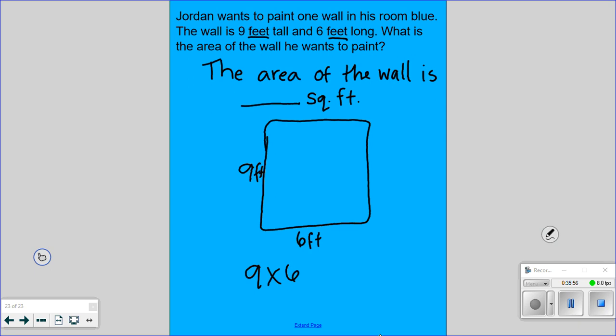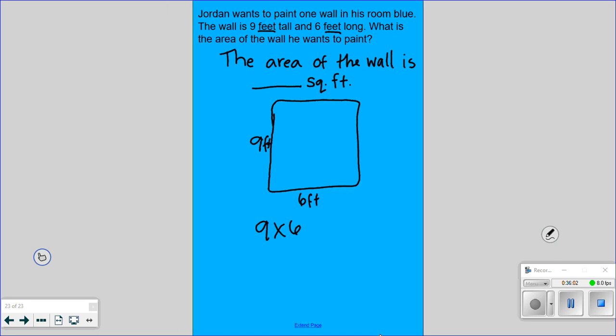I'm not really good at my 9s or my 6s. But I do know that 9 times 6 is really close to 9 times 5. What is 9 times 5? I should see every hand because I know you know how to skip count by 5. 9 times 5.